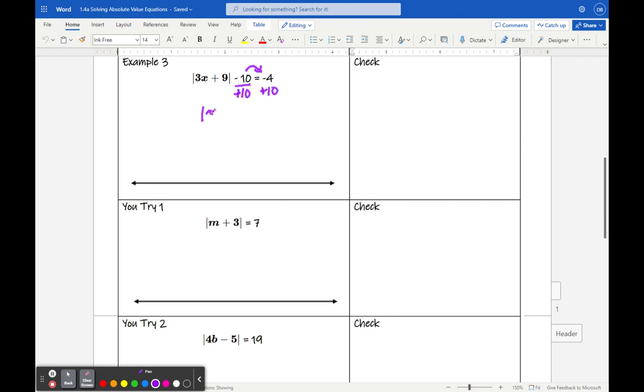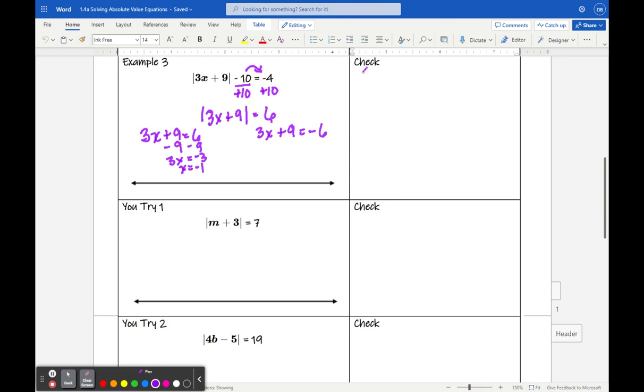So the absolute value of 3x plus 9 is equal to 6. Because this 6 is positive, I'm going to set 3x plus 9 equals positive 6, and 3x plus 9 equals negative 6, because what I have in this absolute value could be positive or negative. Subtract my 9 from both sides. 3x equals a negative 3, so x equals a negative 1.